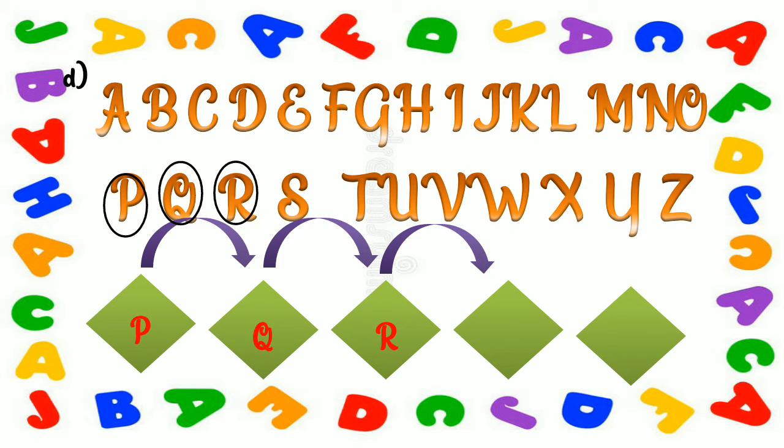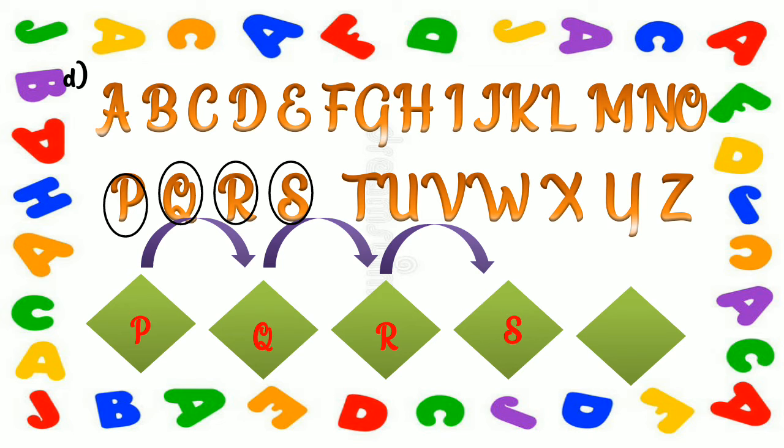S is the next answer to continue the series. So here we see S. S is the next answer to continue the series. So here we write S. Okay, so children, you all understand this question.